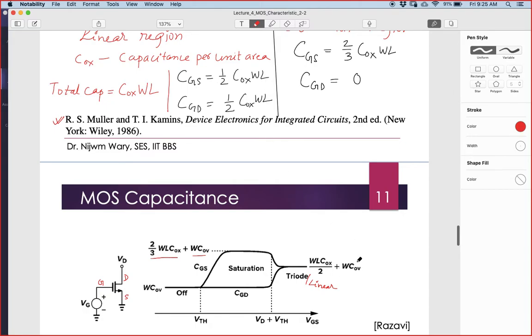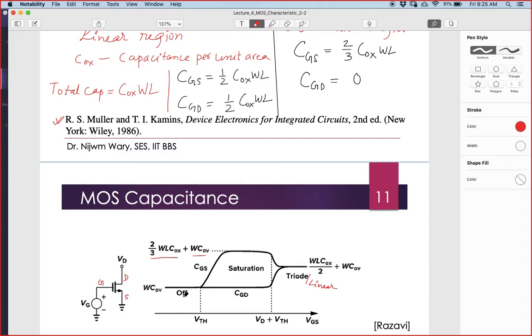So in the triode region, CGS will be half COX WL plus the overlap capacitance, which is W COV, and again CGD also will be half COX WL plus this overlap capacitance.